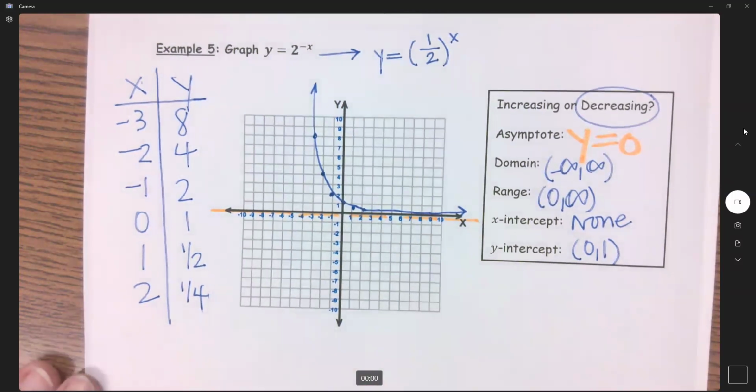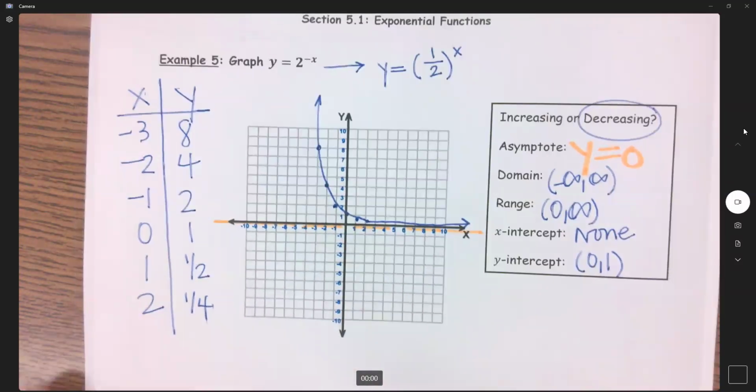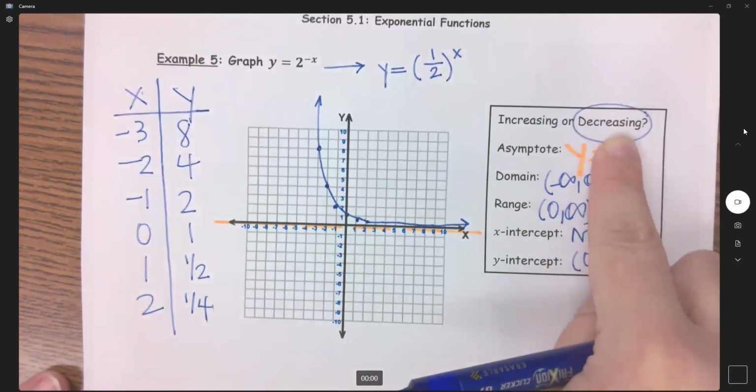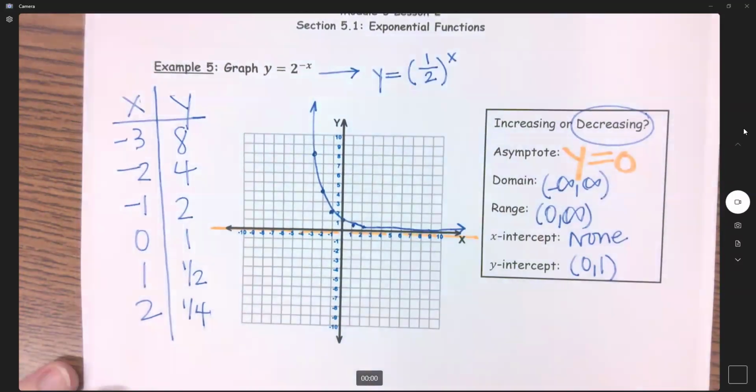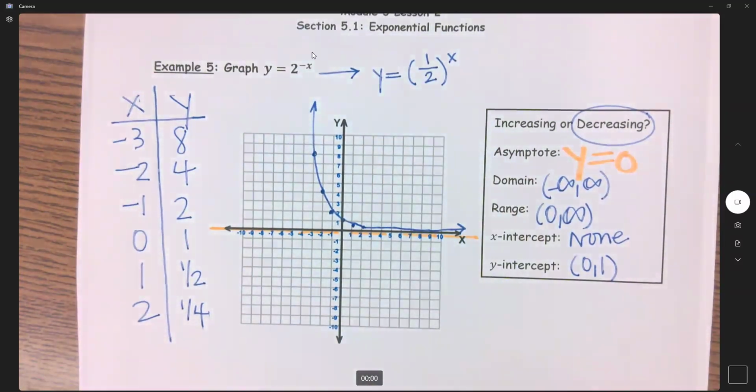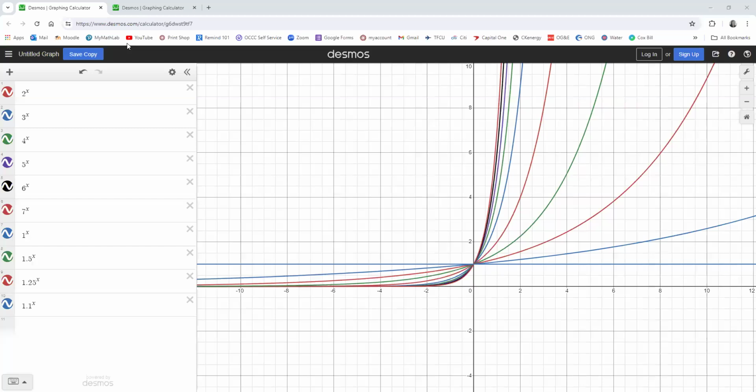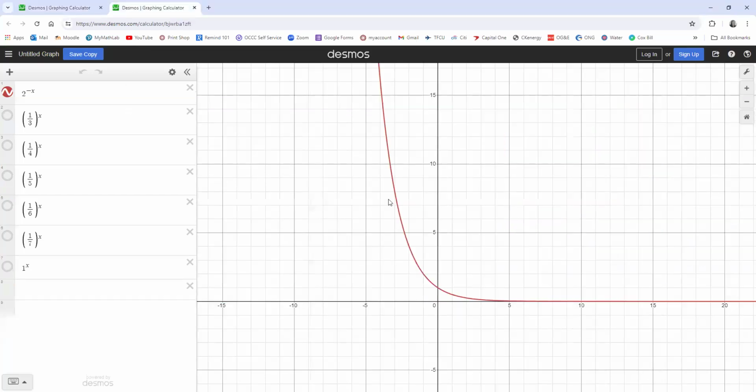So let's look at some more graphs of what we have when we have a decreasing graph with a different base of 1/2. So let me stop sharing this screen and we will share Desmos again. So this is what we just graphed, this 2 to the negative x power, which is the same as 1/2 to the x.